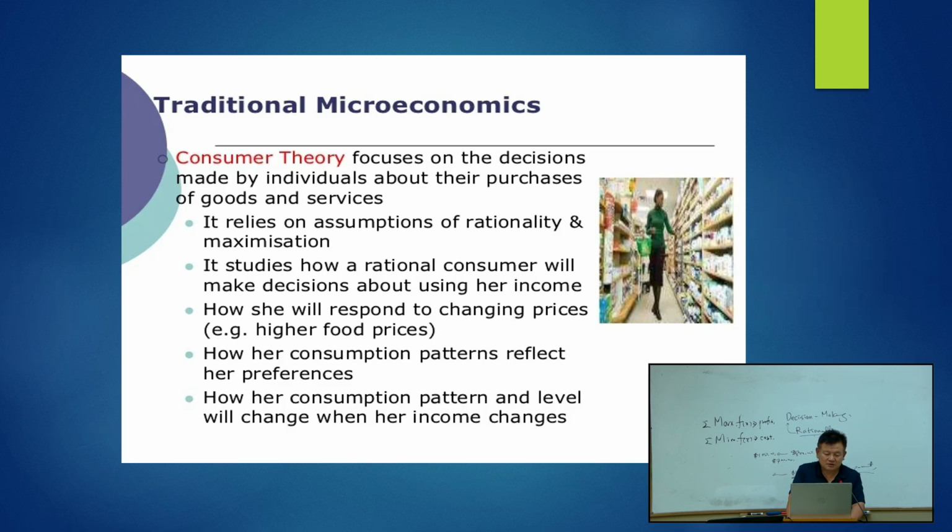Consumer theory also studies how a rational consumer will make decisions about using her income. I have only $100 income in my pocket, but I want something that costs $800. It is an impossible story. So how does a consumer follow a rational decision, and how will the customer respond to a change in price? For example, a higher food price.